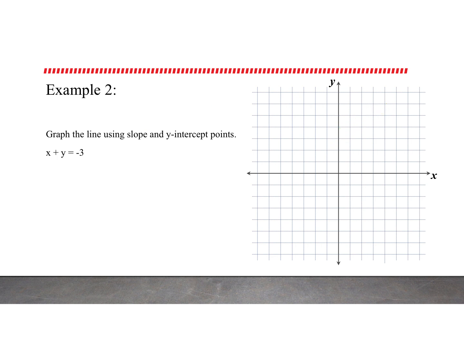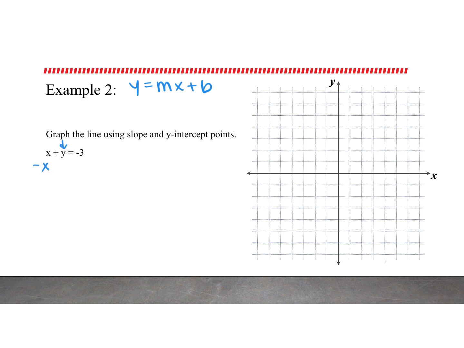Let's try this again. Example 2, graph the line using slope and y-intercept points. The big difference from the first example to now is notice this one is not solved for y equals. In order to use our slope and our y-intercept, we want it to be in that form y equals mx plus b. So our first step is we want y to be by itself.